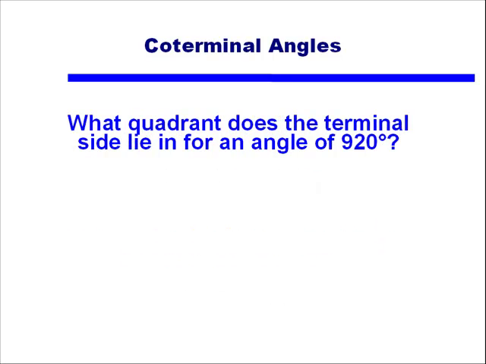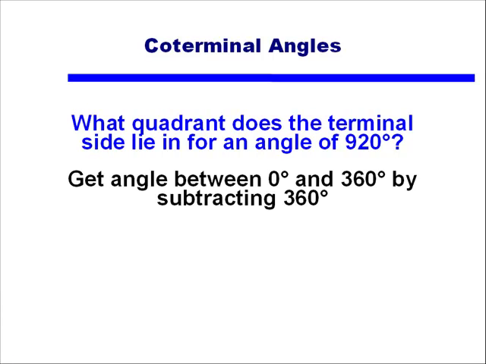Another kind of question you can be asked is one like this. Given an angle, what quadrant does the terminal side lie in? So for instance, if we take this example of 920 degrees, and we want to know which quadrant that terminal side ends up in, well, 920 degrees is not one we know right off the bat, so what we want to do is subtract from this 360 degrees until we can get an angle between 0 and 360 degrees.